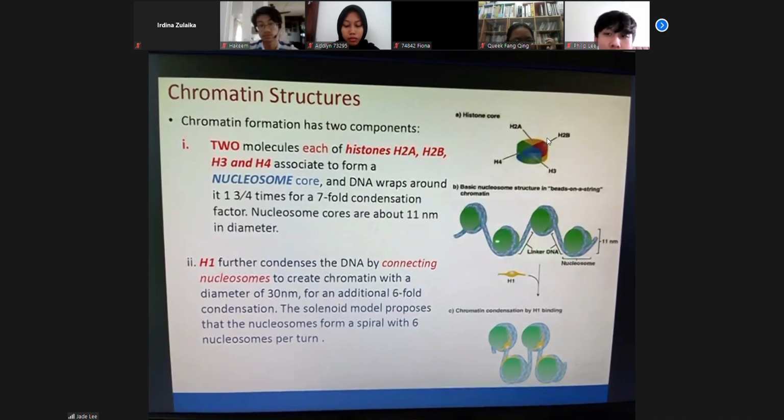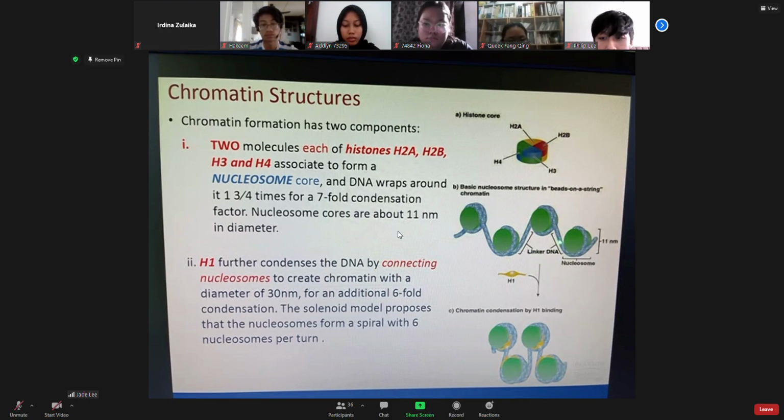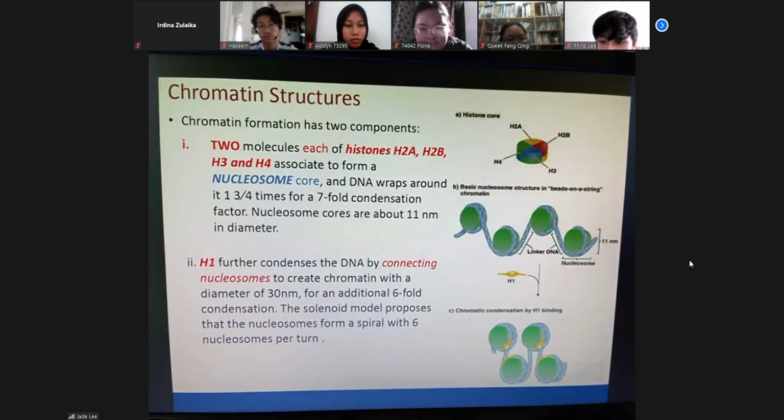Okay? Dan ini kita punya DNA, kan? Yang benang ni, ini DNA. Nampak tak? The linker DNA. Dan tadi kita ada satu lagi kan, histone protein H1.